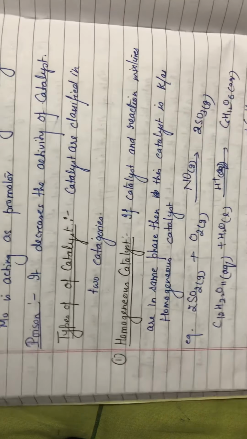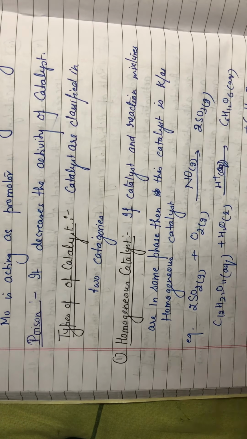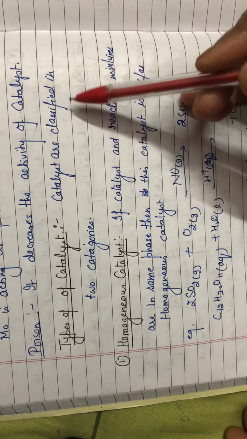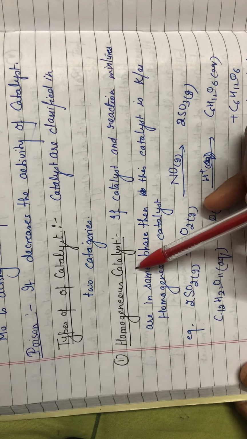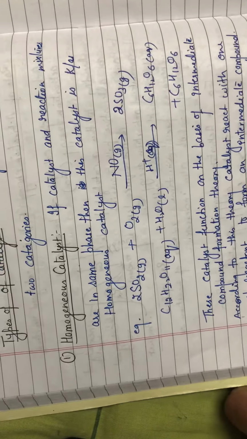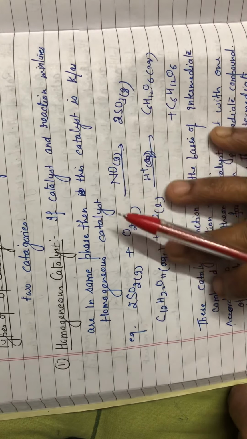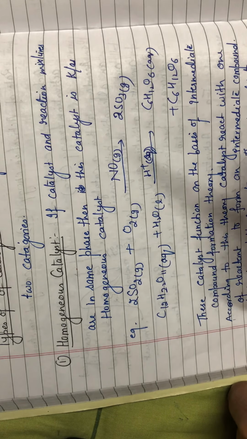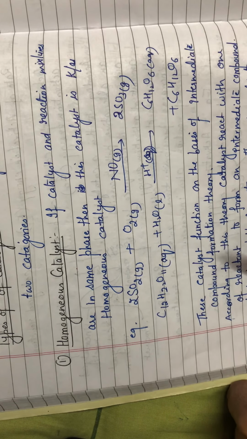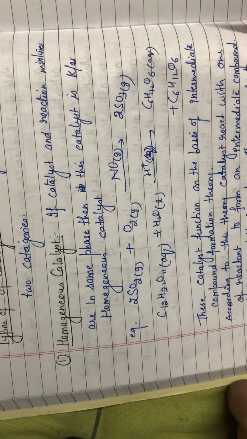Now coming to the types of catalyst. Catalysts are of two types. One is homogeneous catalyst and another is heterogeneous catalyst. Very simple. What is homogeneous catalyst? If in a particular reaction, reactant and catalyst are in the same phase, then it's known as homogeneous catalyst.